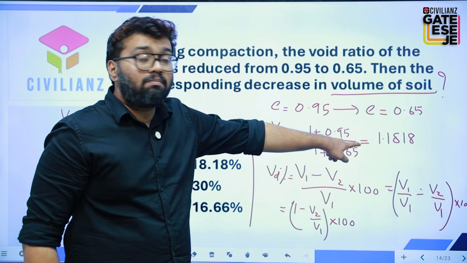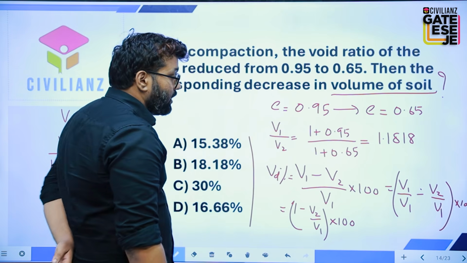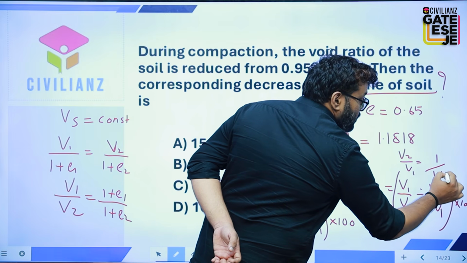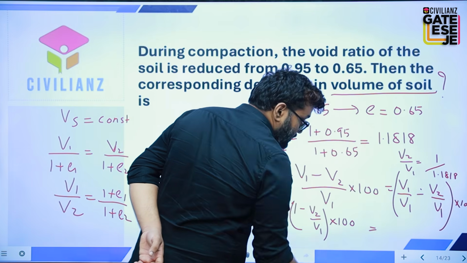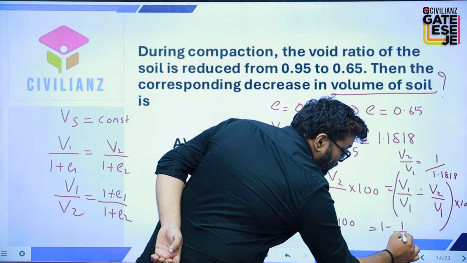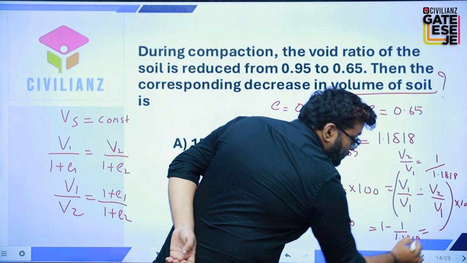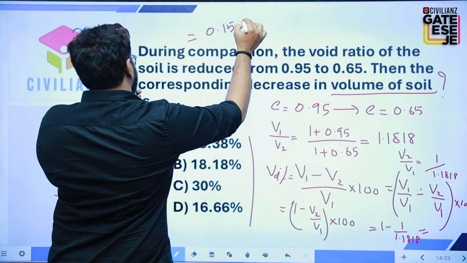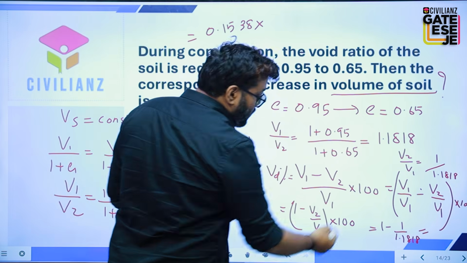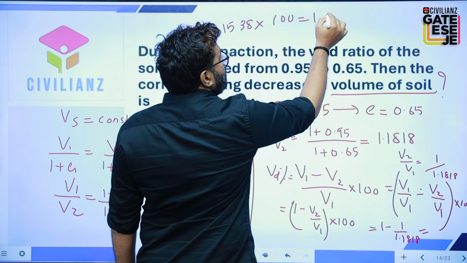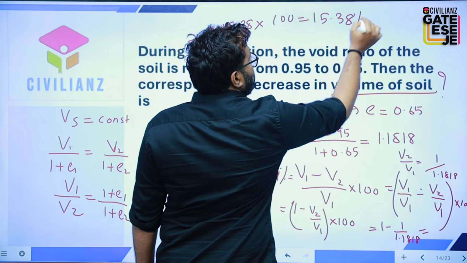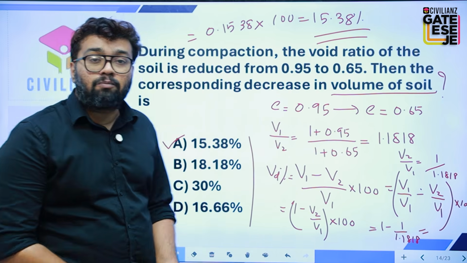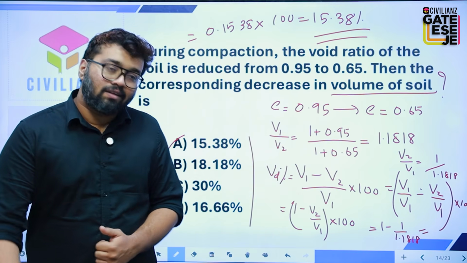We know that V1 by V2 is equal to 1.1818. So V2 by V1 is equal to 1 by 1.1818. So we substitute 1 minus 1 by 1.1818, which is equal to 0.1538 into 100, which is 15.38 percent. So the correct answer is option A, 15.38 percent. We can move to the next question.